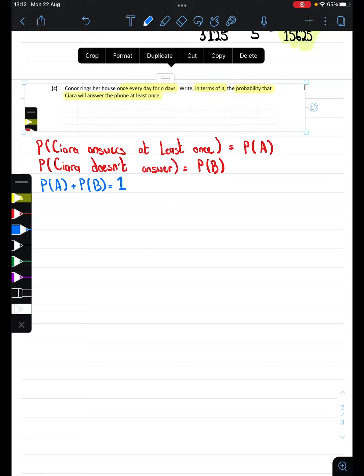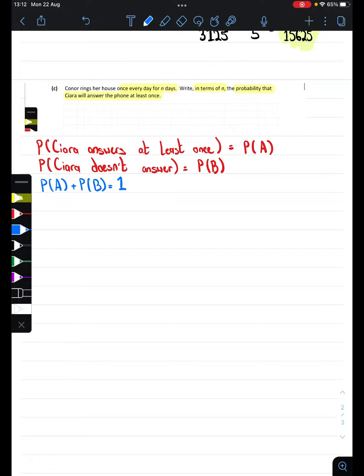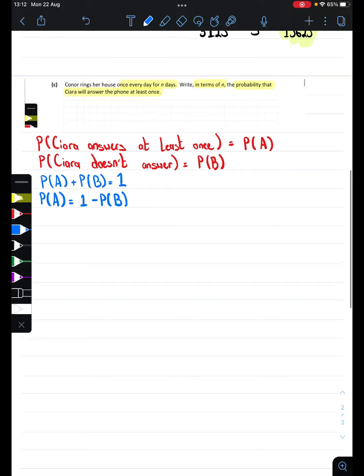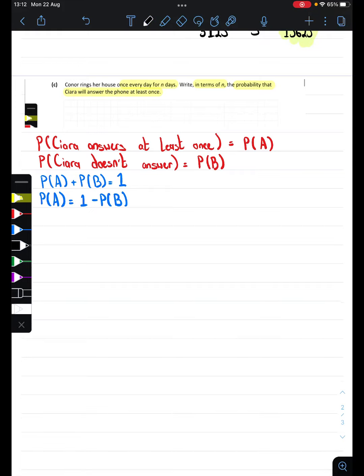Okay, and so we're looking for the probability of A, and instead of looking directly for it, we're going to use this formula. The probability of A equals 1 minus the probability of B. And we're going to look for the probability of B instead. And you'll see in a bit why this is a much easier way of going about it.